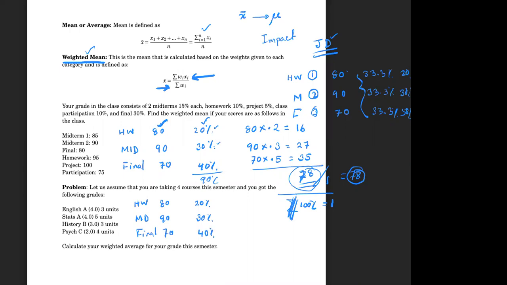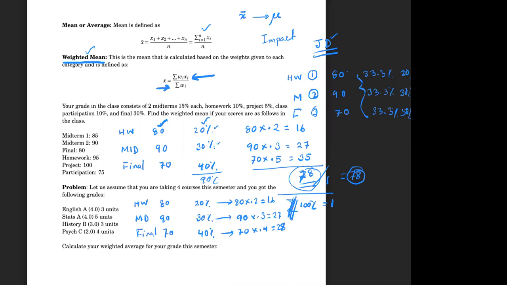Now, these two multiplied together, 80 times 0.2 is 16. Then 90 times 0.3 is 27. Then 70 times 0.4 is 28.